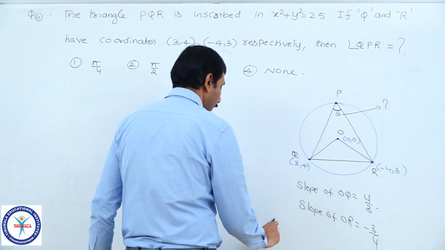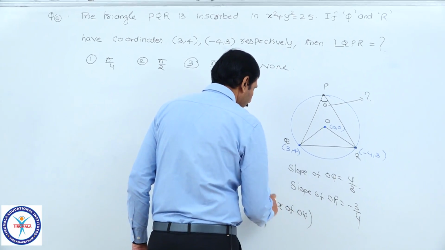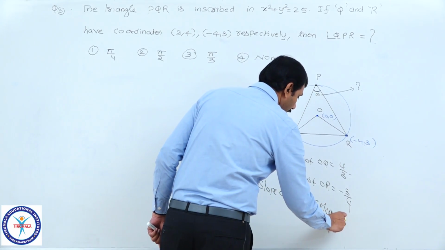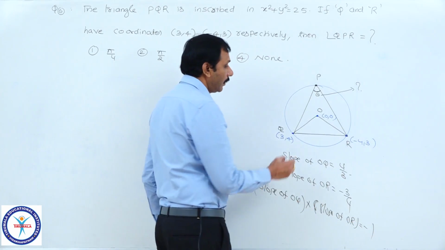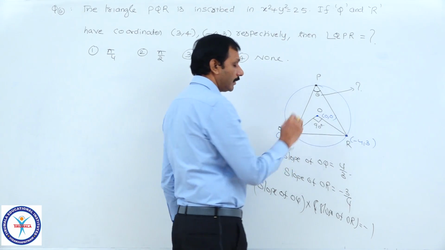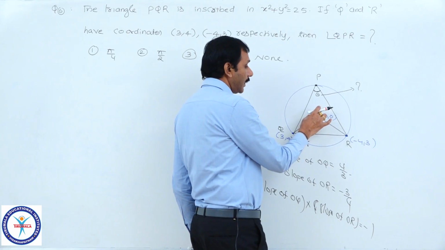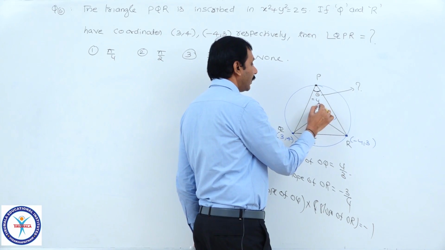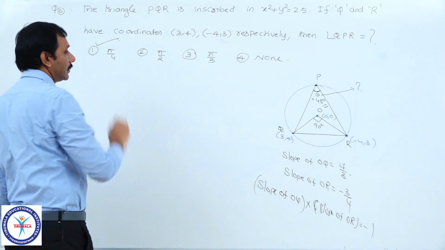Therefore, slope of OQ into slope of OR is equal to minus 1. It is equal to minus 1 means that this angle equals 90 degrees. Angle subtended by a chord at the center equal to 90 degrees means this angle theta equals 45 degrees. It is pi by 4 will be the answer for this problem.